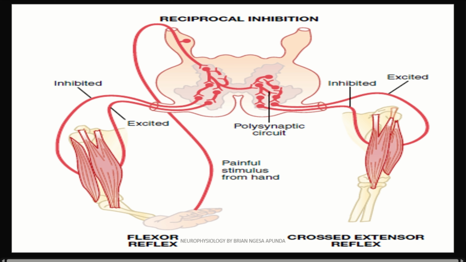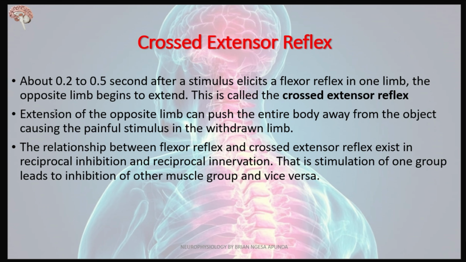As this one is getting some excitation, for it to contract, the posterior muscles of the arm need to relax, because if they contract, you won't be able to have a say in terms of whether to withdraw or not. You'll just remain in a stiff position, and a stiff position will mean that you'll remain attached to the offending agent. So I hope you are able to see that sense.